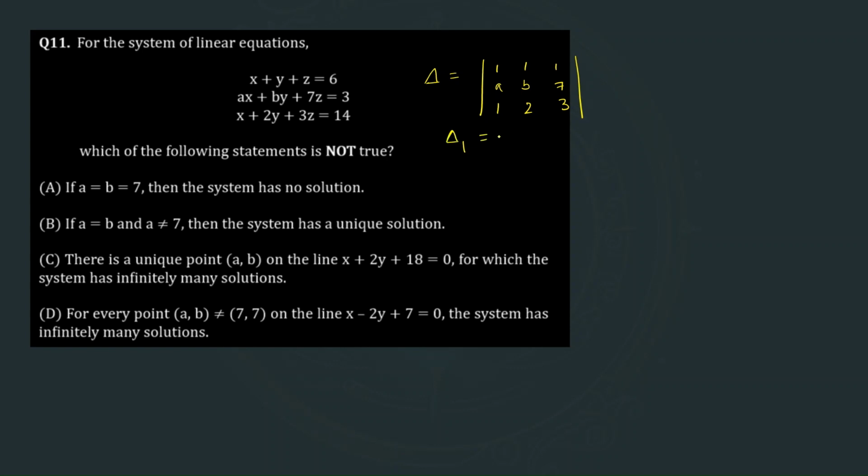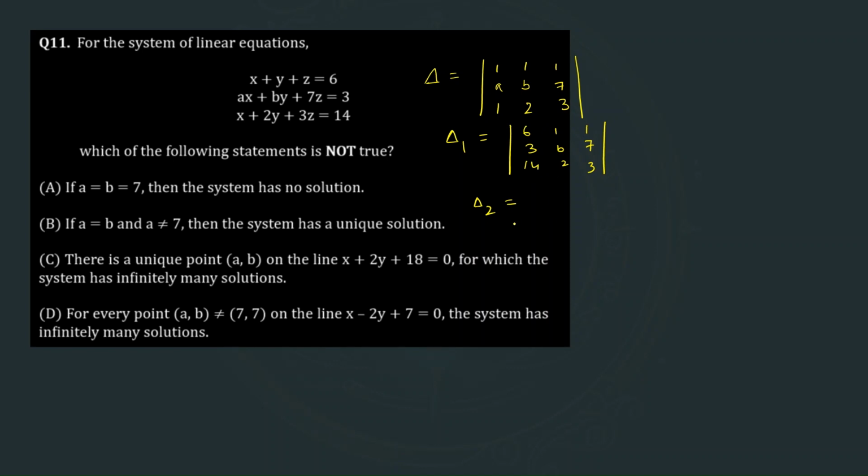And delta 1 will be by replacing this column of coefficients of x with 6, 3, 14. So 6, 3, 14, then 1 b 2, 1, 7, 3. Similarly, delta 2 you can calculate easily. It will be obtained by replacing this column by this column.